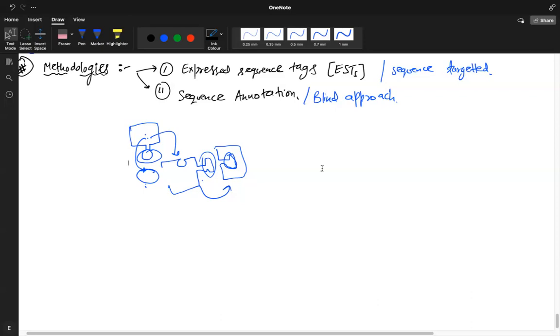So we always generate overlapping fragments. These overlapping fragments are easier to align on the basis of repeating sequences or overlapping sequences. And that's how, after sequencing small fragments, we can stitch them all together and say that this is the human genome. Otherwise, that's not possible to do.